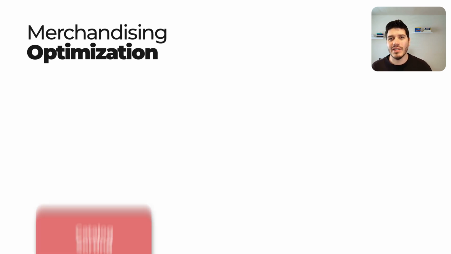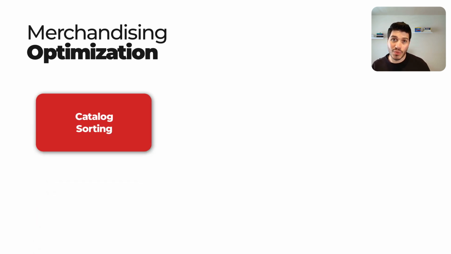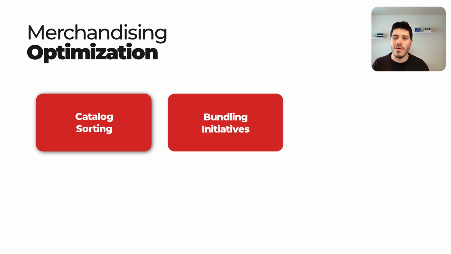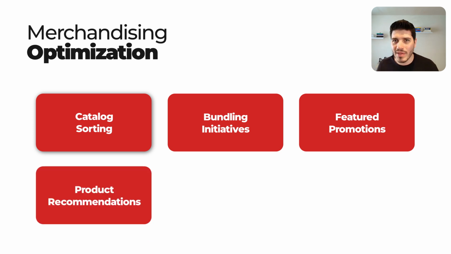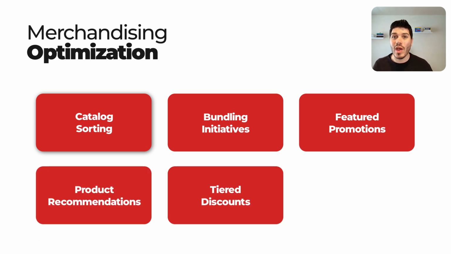Some common tactics or techniques here are to re-sort your catalog so that some of your key products are promoted more actively, to do bundling initiatives so that you combine products that might not be selling that well with the best sellers, and then trying to strike the best combination of factors. You can change the promotions you feature in your store, your product recommendations engine, the way you tier discounts, and so on and so forth.